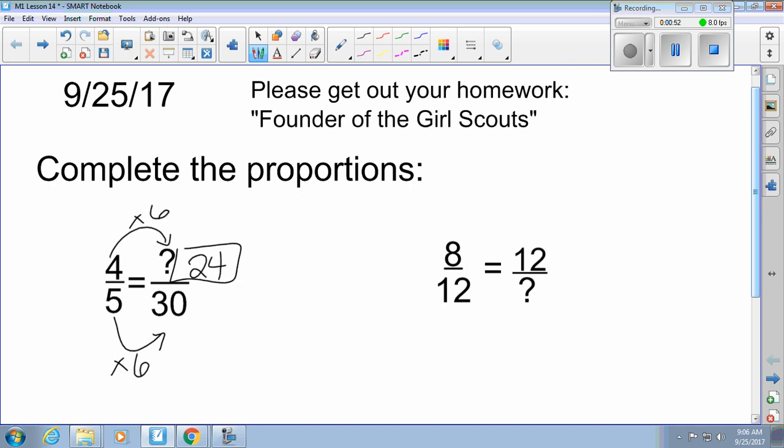All right, this next one. You looked at this one, you said 8 to 12 equals 12 to what? And you probably went, 8? I can't multiply 8 by anything without getting really crazy to get 12. So, what did you need to do, William? So what I did is that I found a common denominator for 8 and 12.